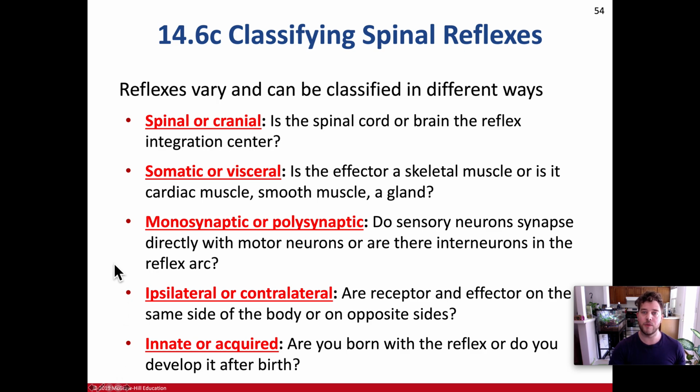Or if I said, tell me a spinal reflex that affects the visceral body, is monosynaptic, contralateral, and innate, I would expect you to come up with one. Again, we're going to go into 4 examples.